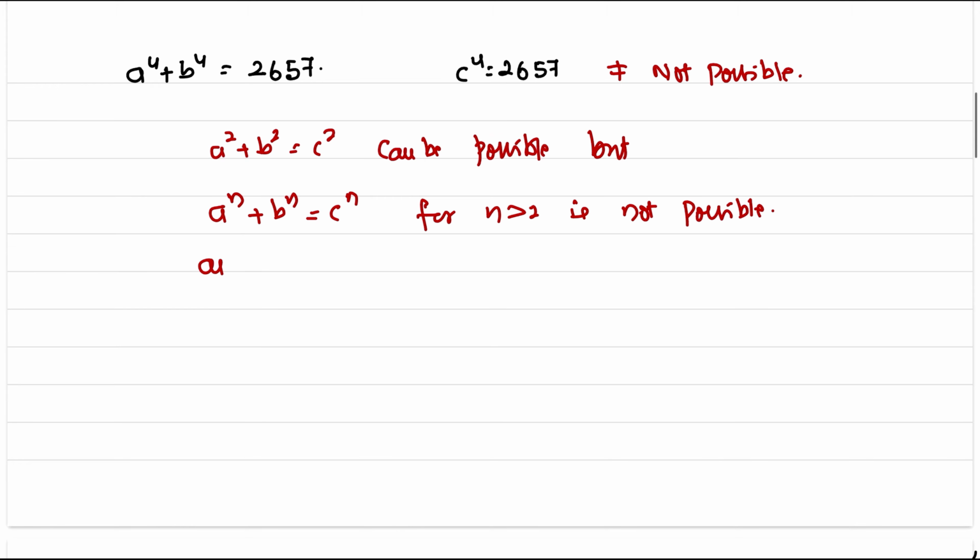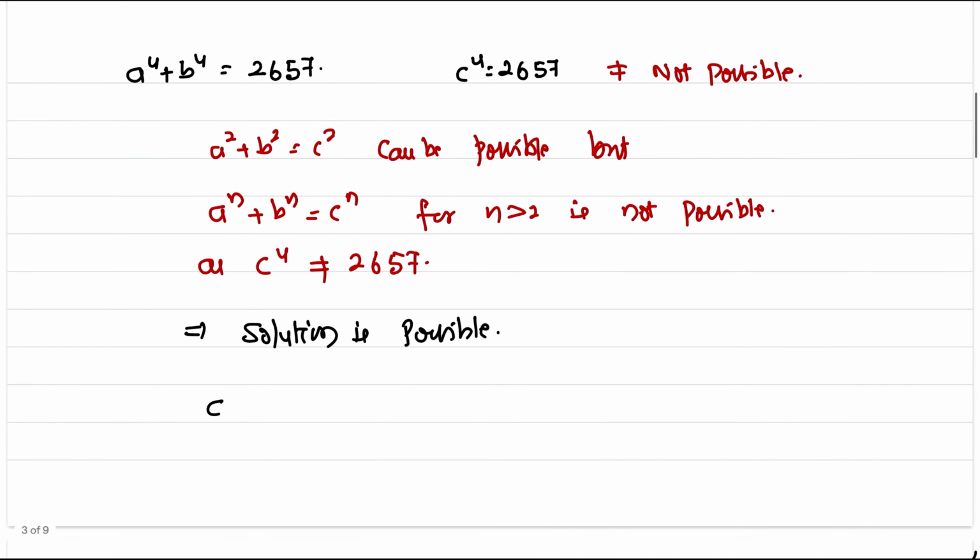As c to the power of 4 is not equal to 2657 for any integer value, this implies from number theory that a solution is possible.